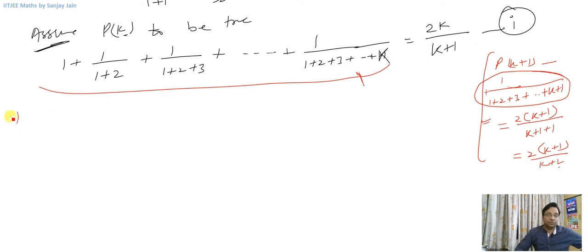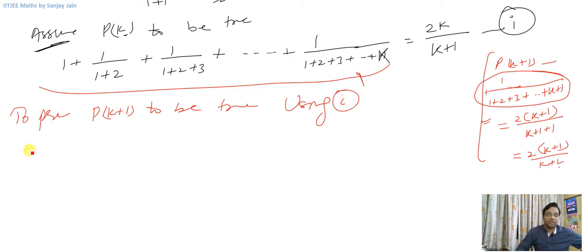So to prove P of k plus 1 to be true, using the first equation, I can write this 1 plus 1 upon 1 plus 2 plus 1 upon 1 plus 2 plus 3 plus and so on.